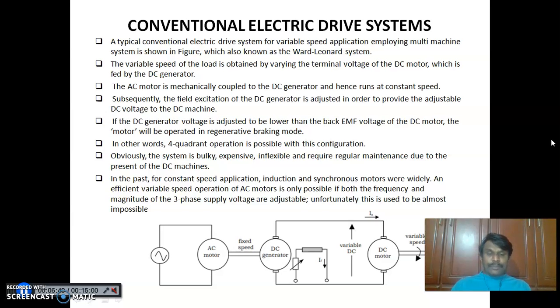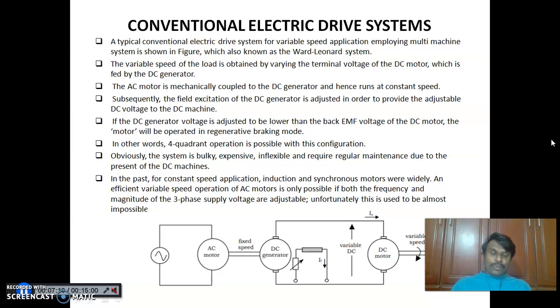By changing the variable field excitation of the DC generator, the EMF generated in the generator changes. The output across the generator appears across the DC motor, so the supply voltage across the DC motor changes.